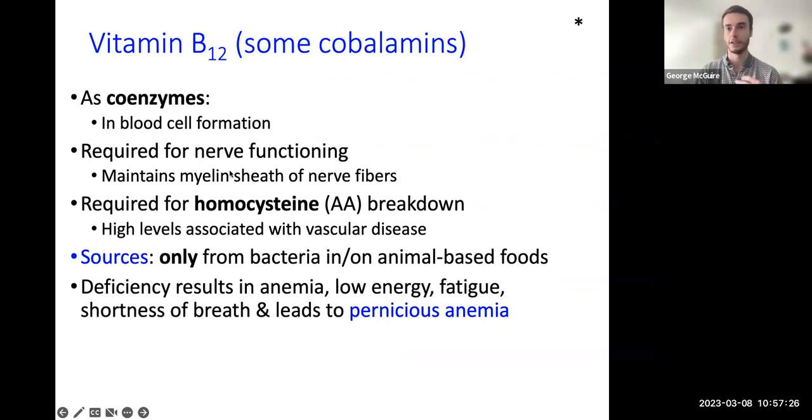If you haven't taken a neuroscience course or learned about signal transduction pathways within our neurons, within our brain and spinal cord and all of our other peripheral nerves, those myelin sheaths are what allow for that process to be efficient and happen quickly. So maintaining the myelin sheaths of our nerve fibers is really important for our ability to transduct signals. It's required for the breakdown of this amino acid homocysteine, which we actually saw reference to earlier.